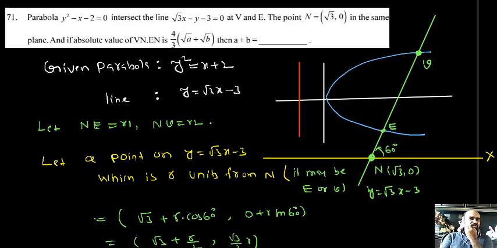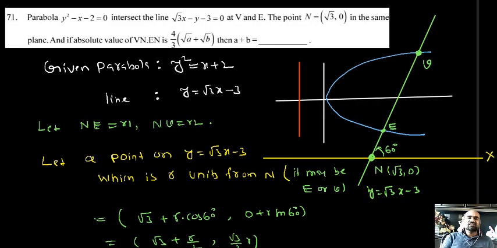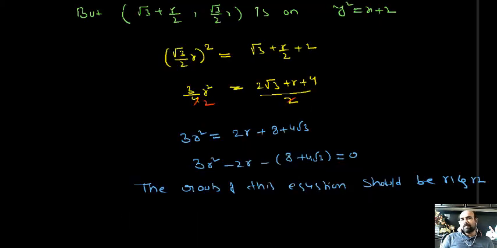What you want is the absolute value of VN times EN, just the product of the roots. Here NE is taken as r1 and NV is taken as r2. The absolute value of VN times EN means the product of the roots. That I will write: product of roots.